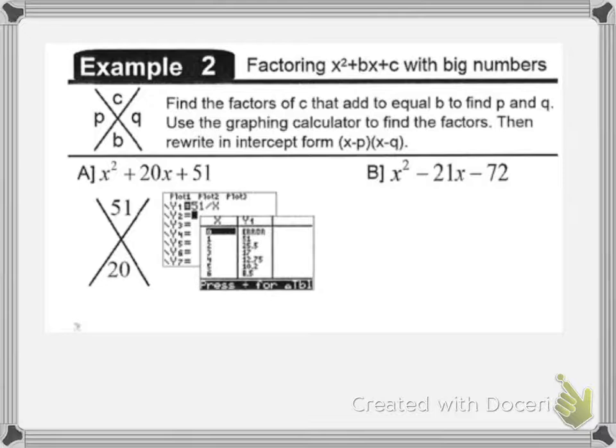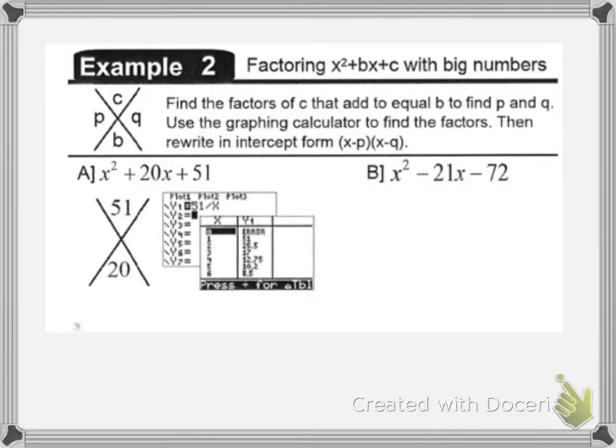Again, my c is 51, so it went at the top of the x. And my b is 20, so it went at the bottom of the x. And in y equals in our graphing calculators, for y1 we could write 51 over x, or the c number divided by x.